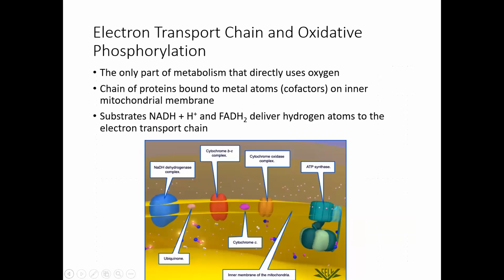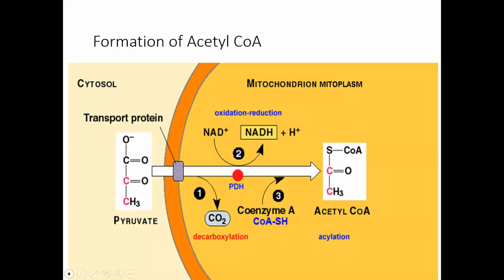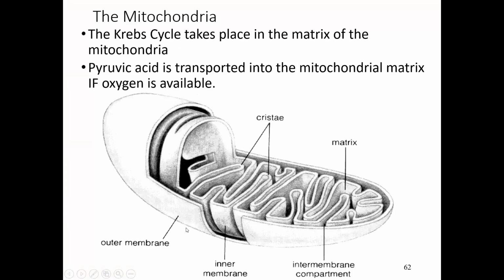Okay, so we move into the inner membrane of the mitochondria. Remember, the mitochondria has, like this, the outer membrane. These folds are called cristae, and these are folds of the inner membrane.